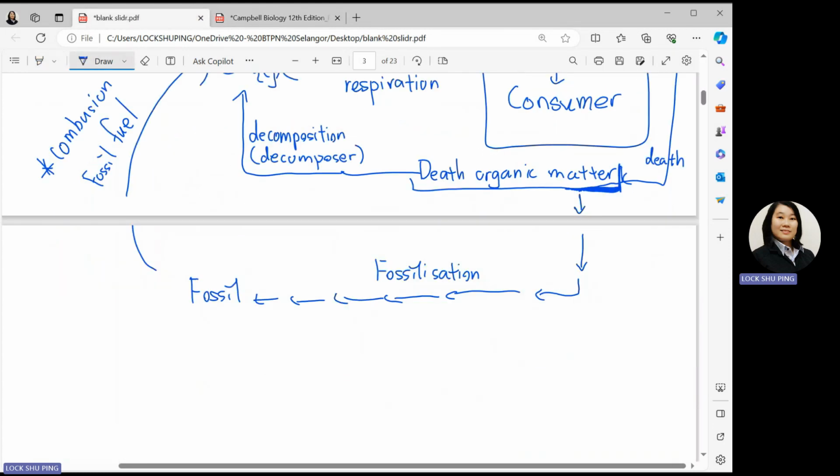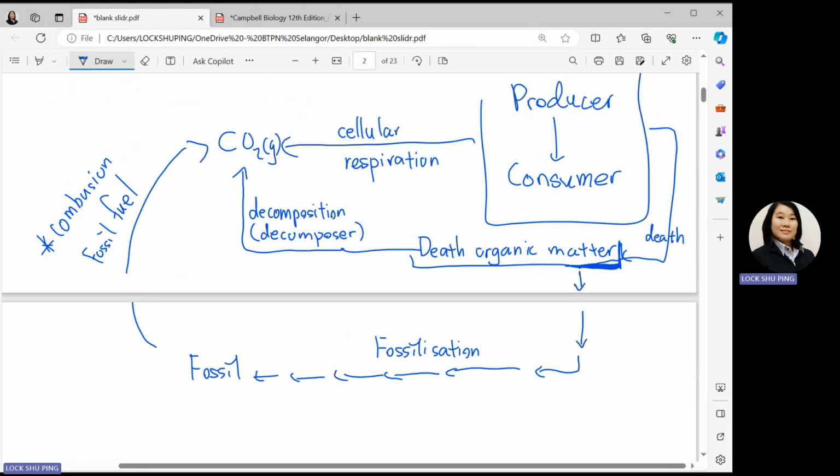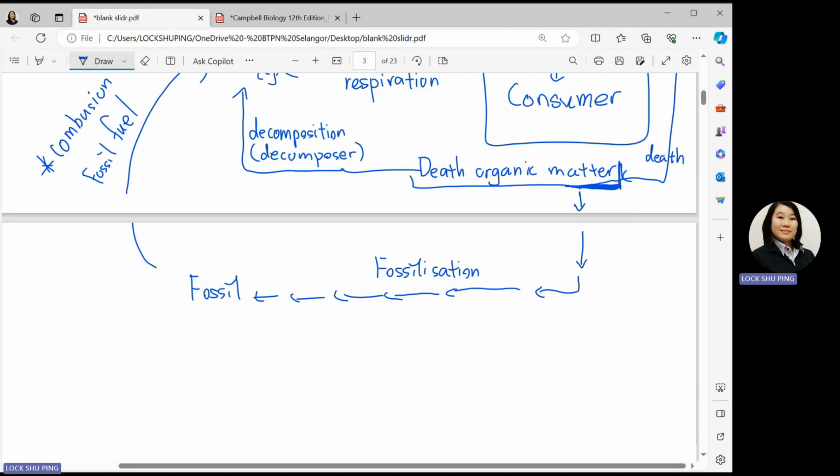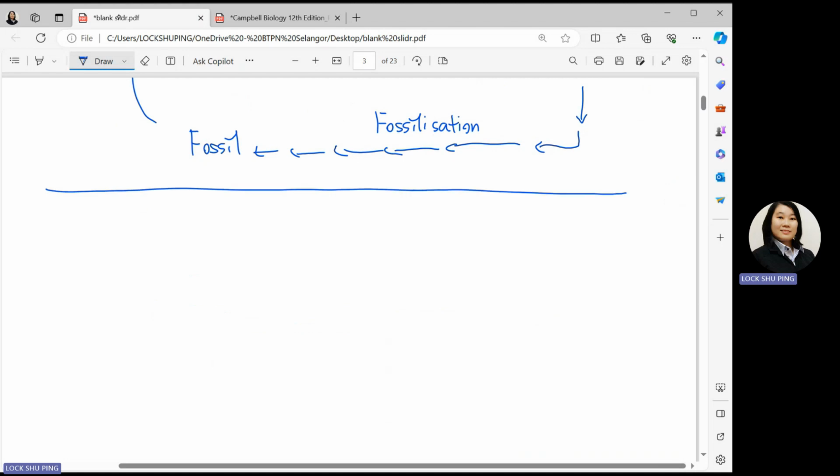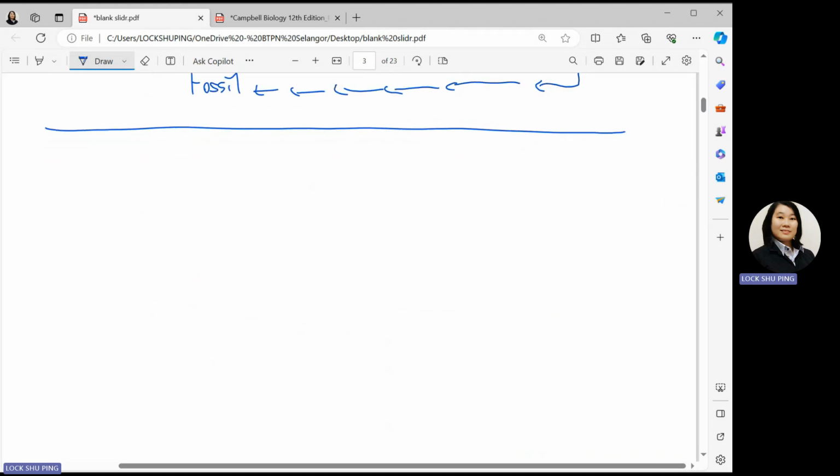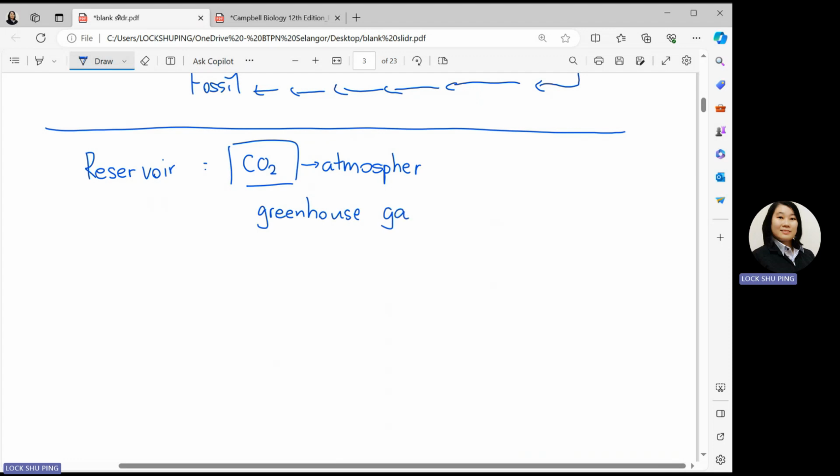In a general way, this is all the information that you have to know about the carbon cycle. When we learn about the carbon cycle, you have to always remember that even though the largest reservoir nowadays is the carbon dioxide present in the atmosphere, carbon dioxide is a type of greenhouse gas.